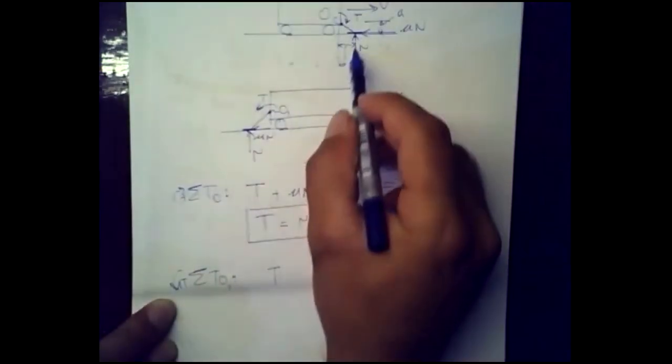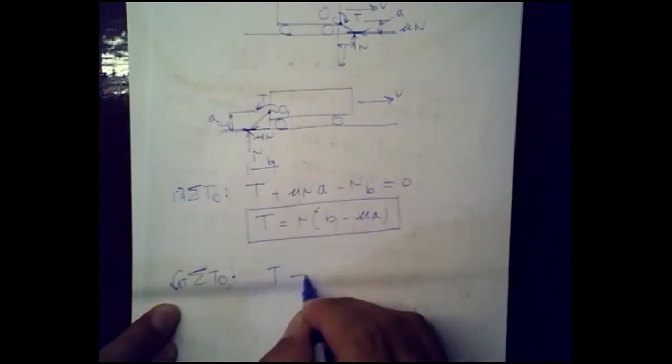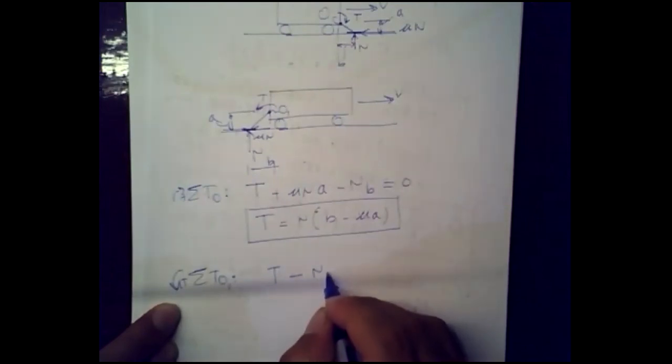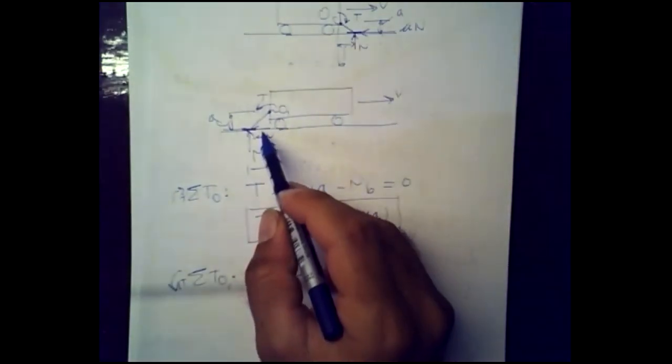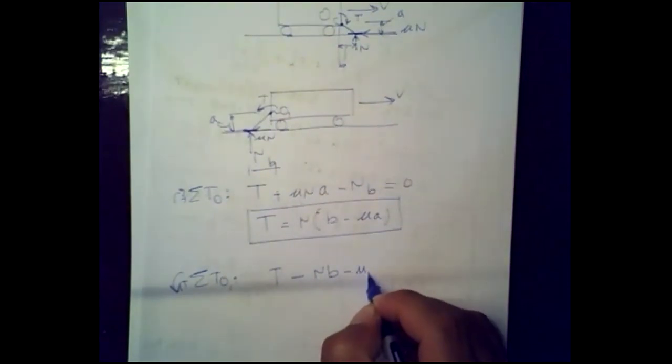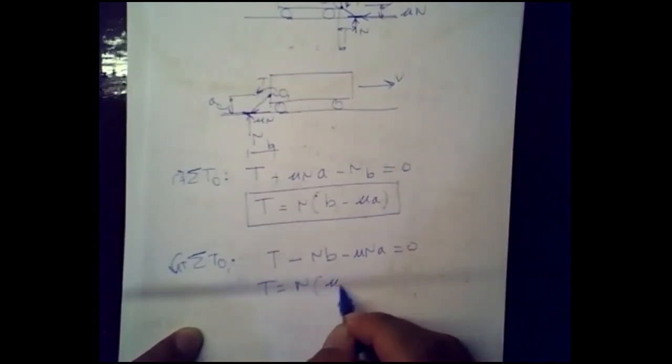So T, the distance between N and this point is B, and that distance right there is A. If I sum the torques about this point, I get T minus N times B, and then mu times N is actually negative, minus mu N times A, is equal to 0. So the torque that I'm actually applying as a function of the normal force is going to be equal to N times (mu A plus B).